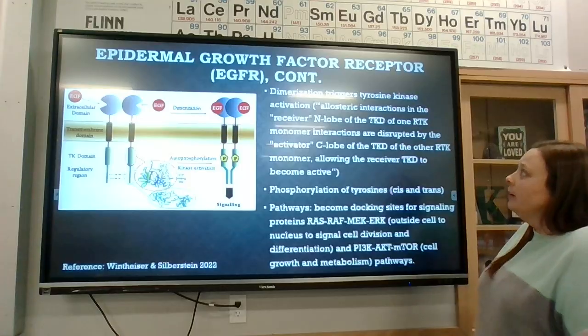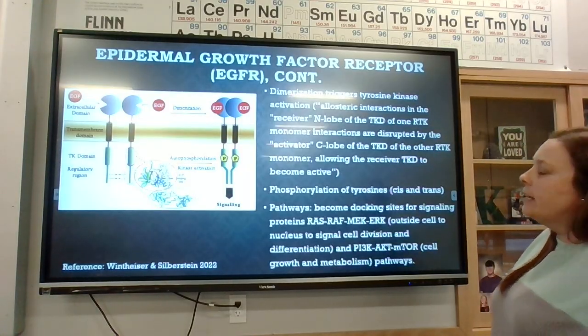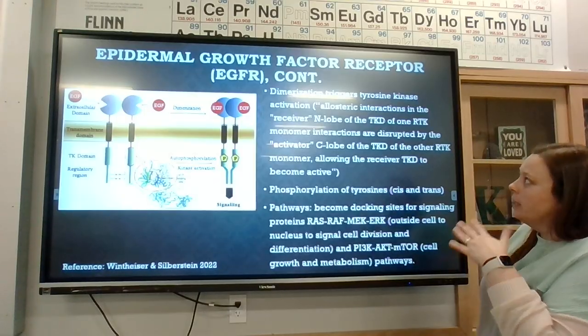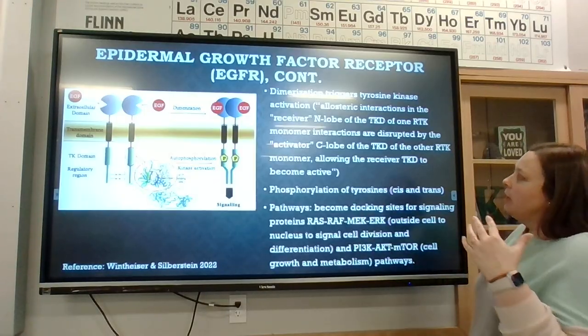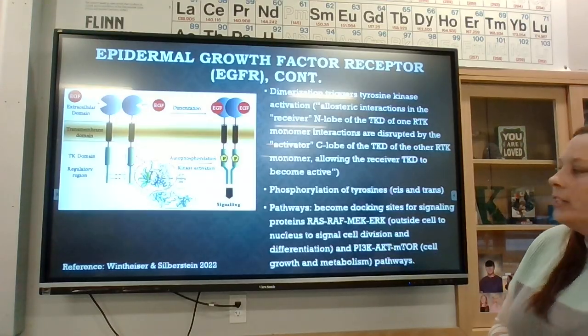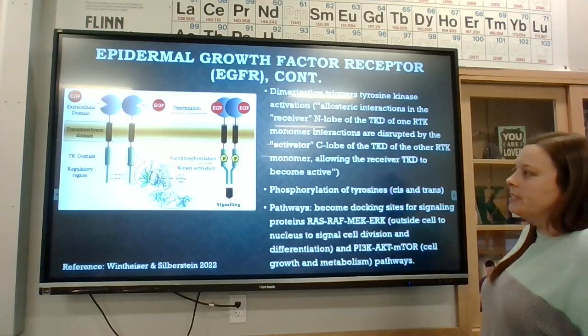Continuing with that, like I said earlier, this becoming a dimer is actually going to cause the N lobe as well as the C lobe to be activated to be able to perform and attach that phosphate group, and that is then in turn what happens next.